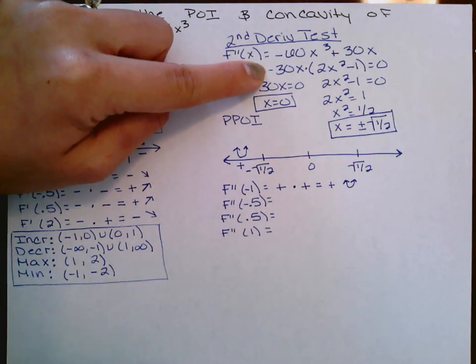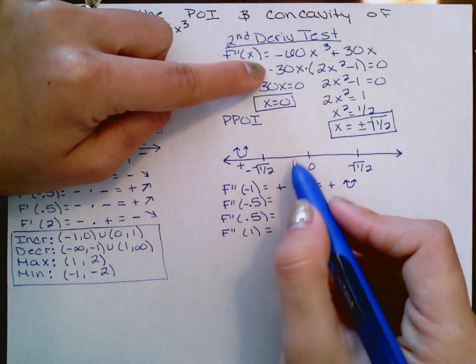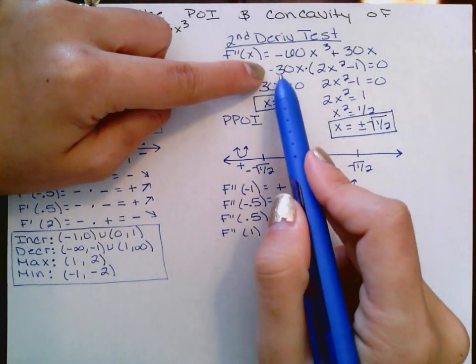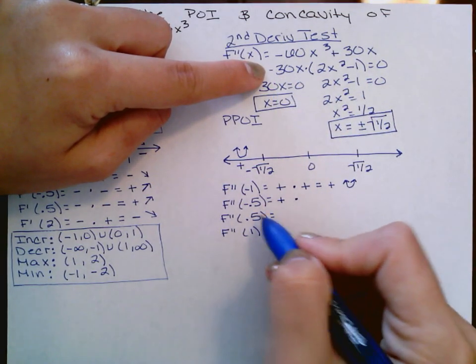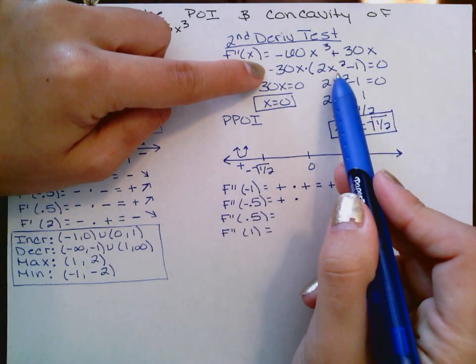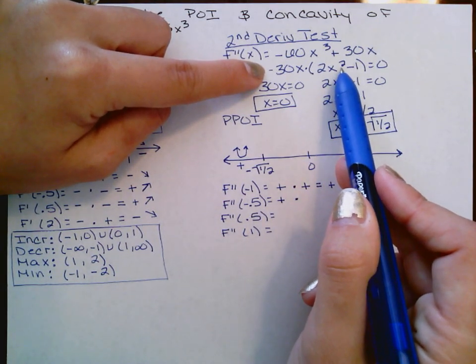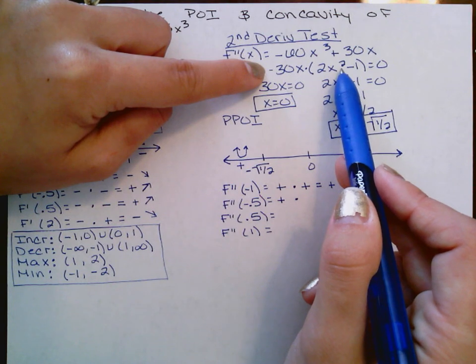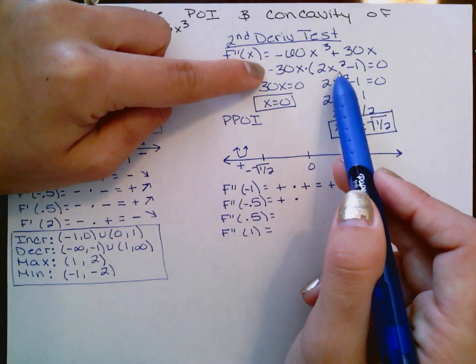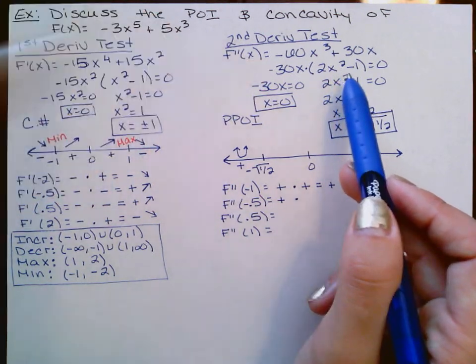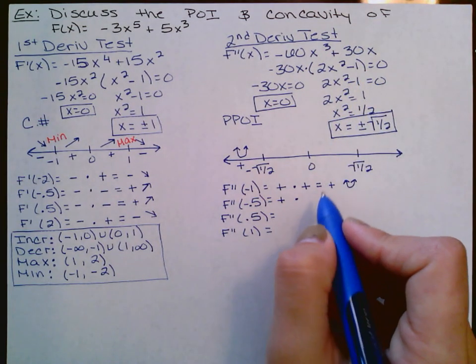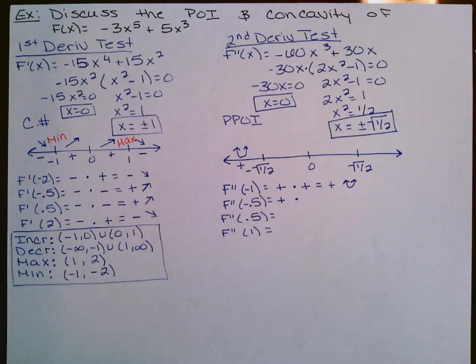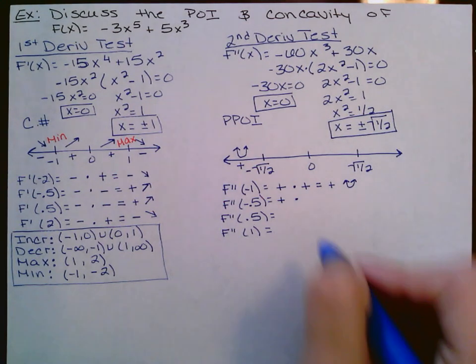Okay. Now, next portion, negative 0.5 times -30 makes a positive. Negative 0.5 squared, okay, is going to be that positive 0.7. Okay. And then times 2 minus 1 is negative.